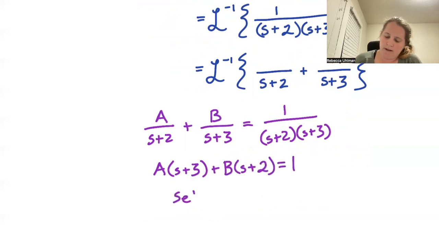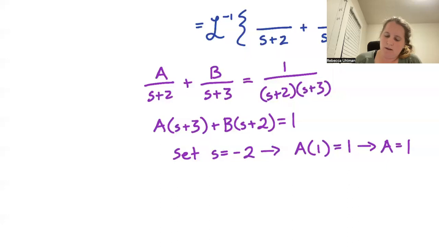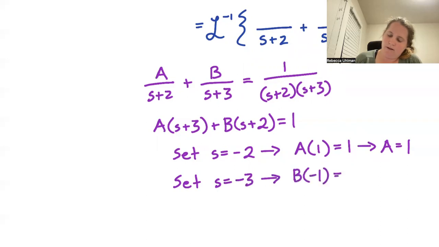If we set s equal to negative 2, then we are looking at a times 1 equals 1, and therefore a should equal 1. If we set s equal to negative 3, then we are looking at b times negative 1 equals 1, and therefore b is negative 1.